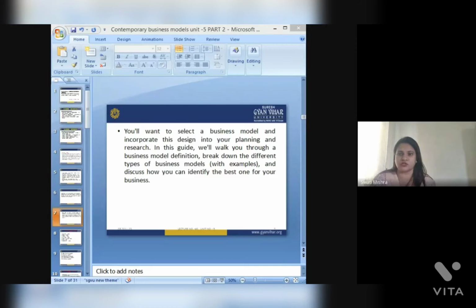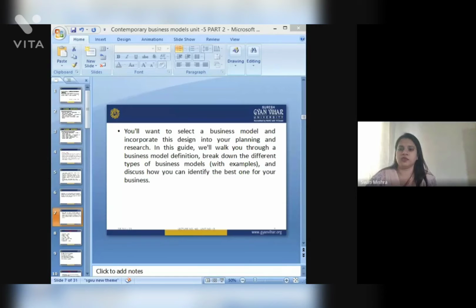I will not say that this is one particular model you can fit in every type of scenario. There is no such model which will suit every business. So that is why every organization has its own different type of business model.